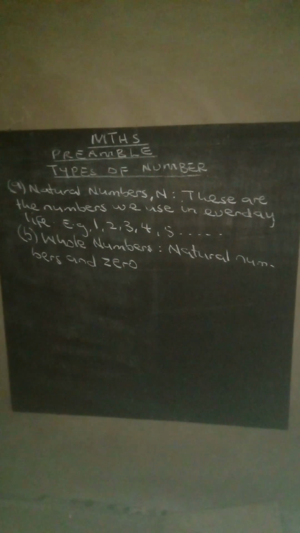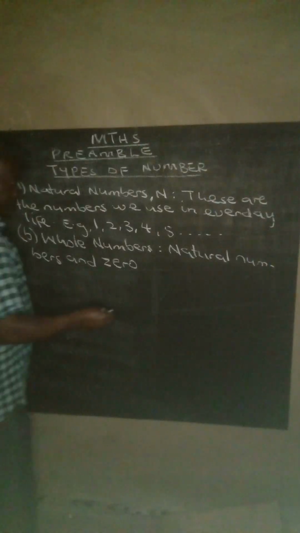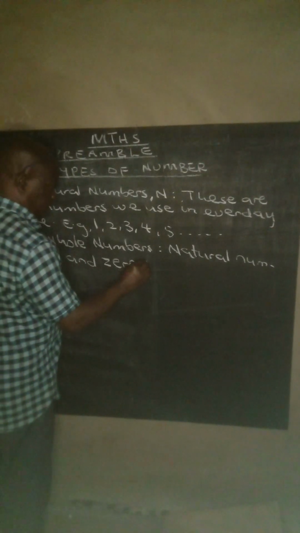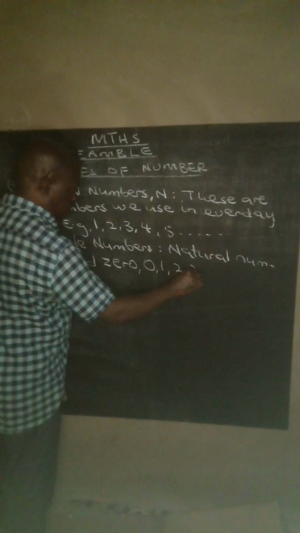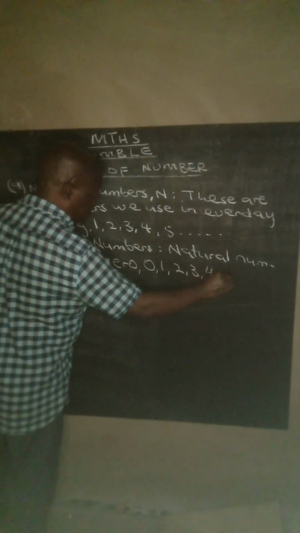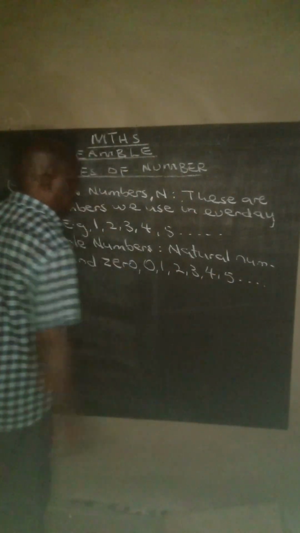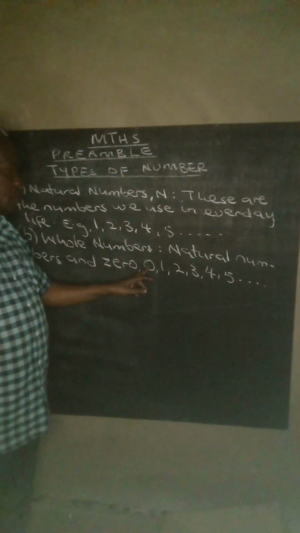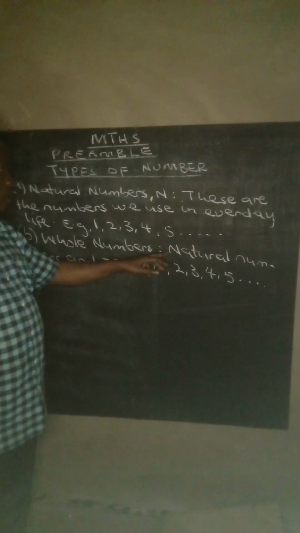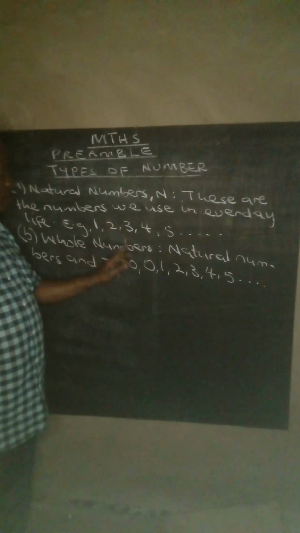So what are our whole numbers? 0, 1, 2, 3, 4, 5, indefinitely. So 0 is part and parcel of whole numbers: natural numbers plus 0.